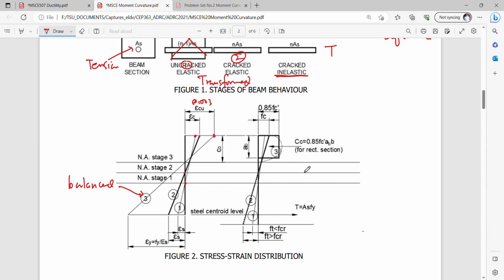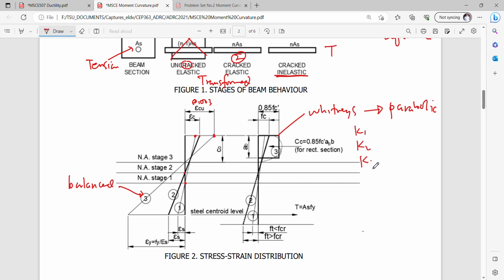Okay, so at stage 3, I'd like to take note that your stress will no longer be a triangular stress block, but rather a parabolic stress block, which can be represented by Whitney's rectangular stress block. So remember that the Whitney stress block and the parabolic stress block are just the same. No? The parabola here, defined by Whitney in his experiment, is simply a mapping or transformation by way of solving your K1, K2, K3 parameters.